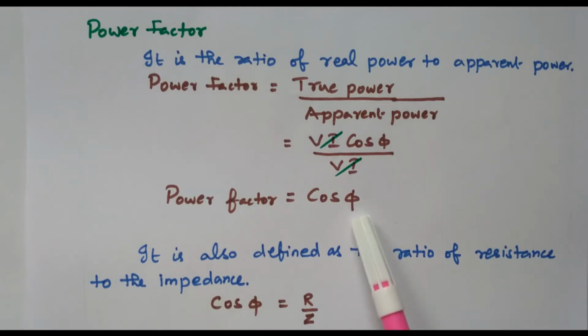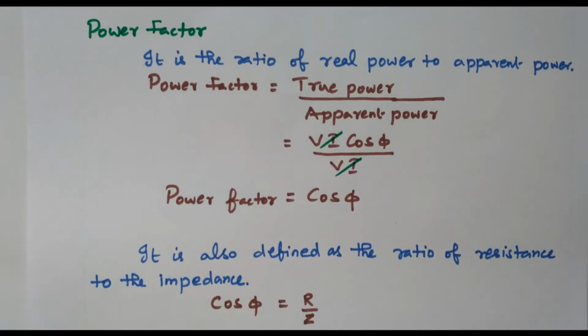What is this phi? It is the angle between current and voltage. For getting a better result, the angle between current and voltage should be 0. If it is 0, then the power factor will be 1. Right? So power factor is nothing but cos of the angle between current and voltage.